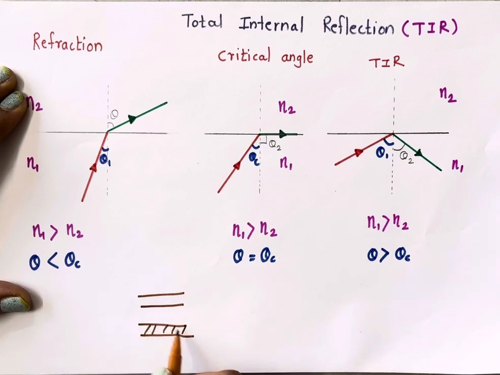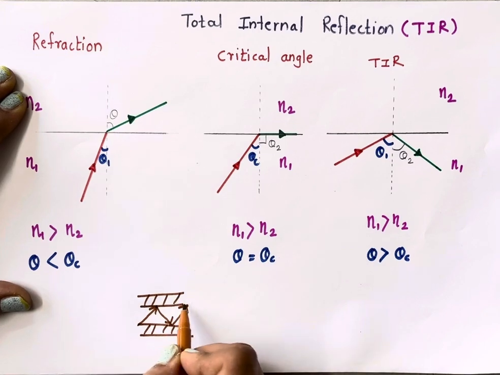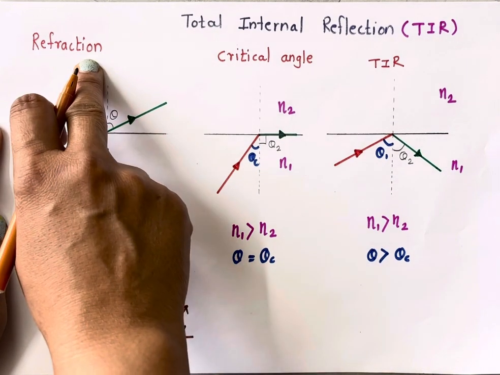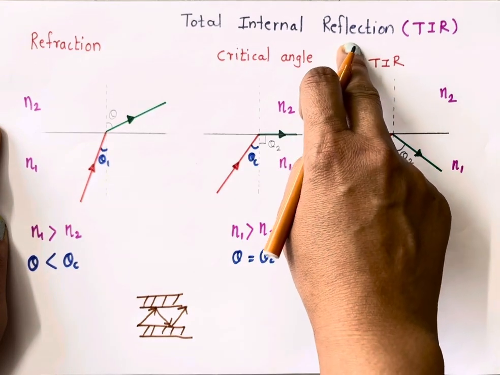So light ray travels through this core material by total internal reflection. So you must know how this total internal reflection occurs. You all are aware of two phenomena, refraction of the light and reflection of the light.